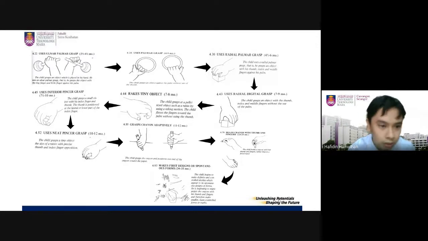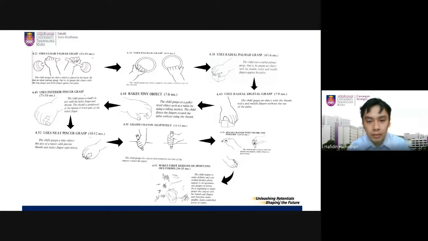bayi lagi. Okey. Jika kita dapat lihat dekat gambar yang pertama, dia merujuk kepada umur perkembangan 3 bulan hingga 4 bulan setengah. Pada umur ini, kanak-kanak tersebut boleh grasp objek menggunakan dia punya jari against dia punya palm. Kemudian gambar yang seterusnya merujuk kepada perkembangan 4 hingga 5 bulan, yang mana kanak-kanak tersebut menggunakan palmar grasp.